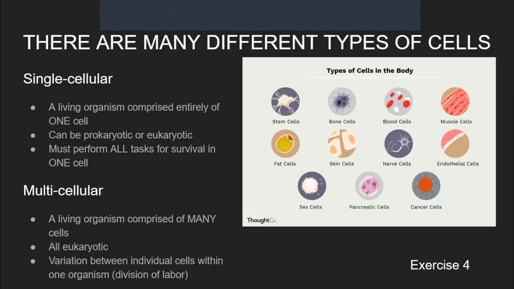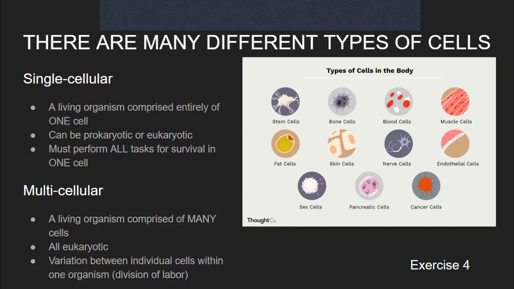But one individual cell is the whole living organism. And you looked at one of those in the first exercise with what you took measurements of. The second image that you took measurements of was of a paramecium, and a paramecium is a single-celled eukaryotic organism.